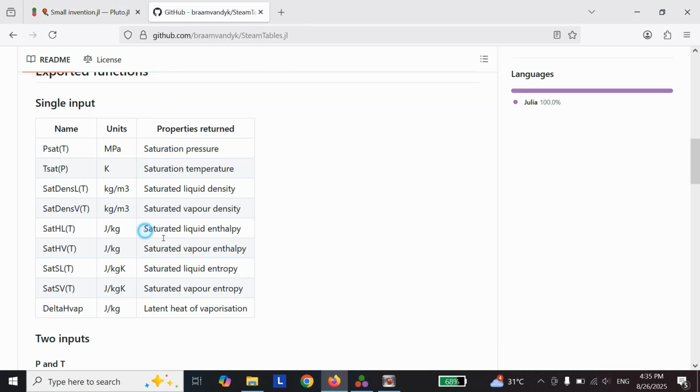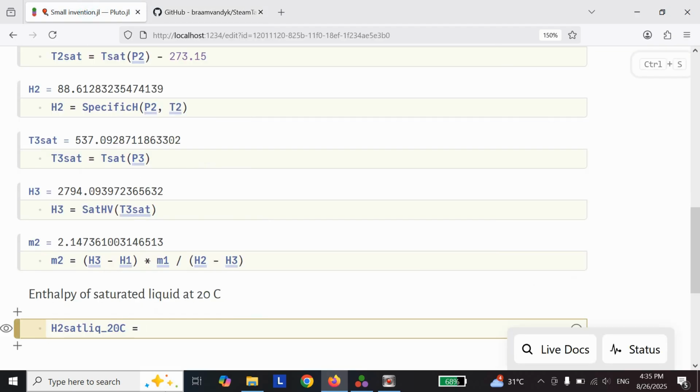We are looking for enthalpy, so we need this command, sat.hl with temperature. The temperature is already found here, T2 sat. I found that already, okay? We are going to use 20 degrees Celsius as temperature. So sat enthalpy of liquid at temperature T2.